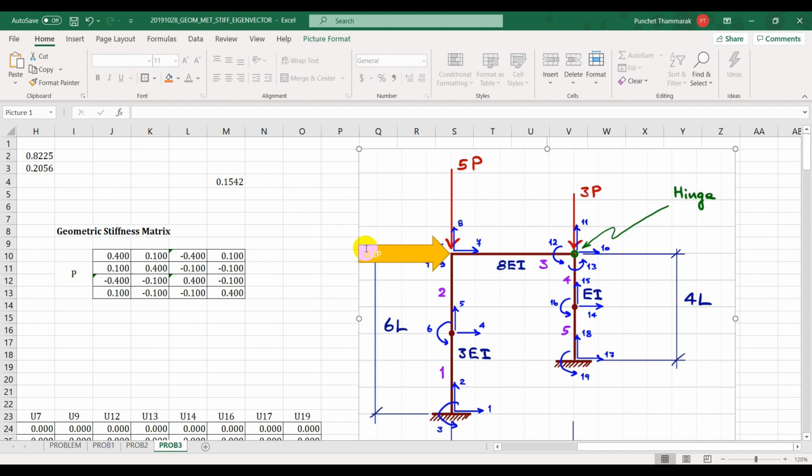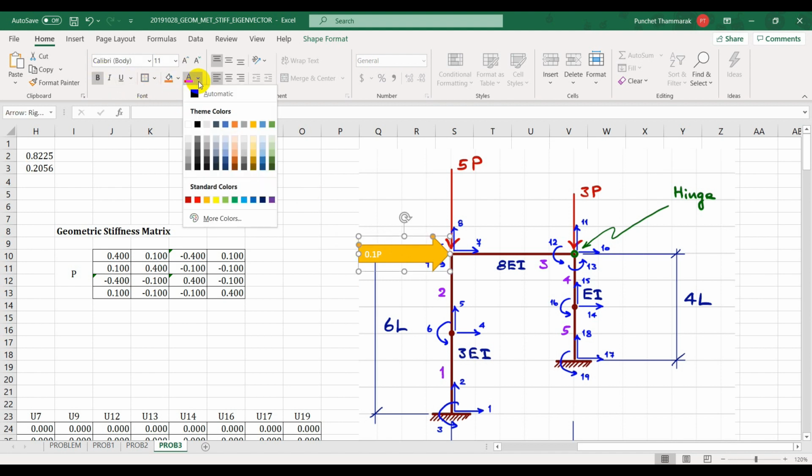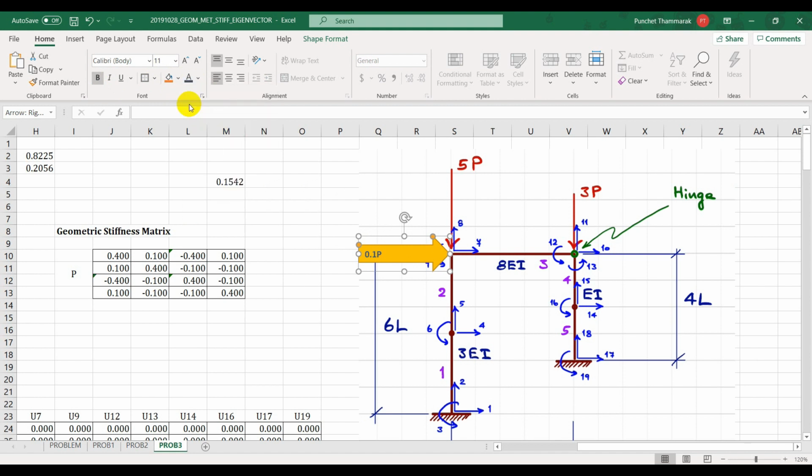Actually, it is a good exercise. The behavior of the system depends on the magnitude of the horizontal load.